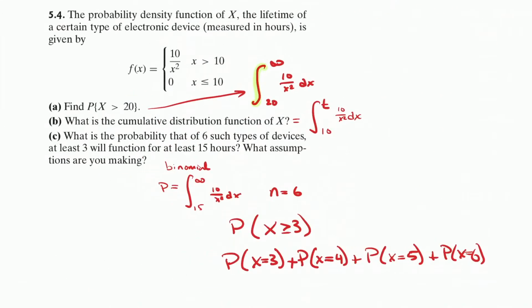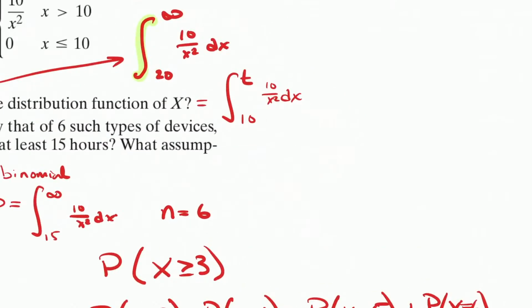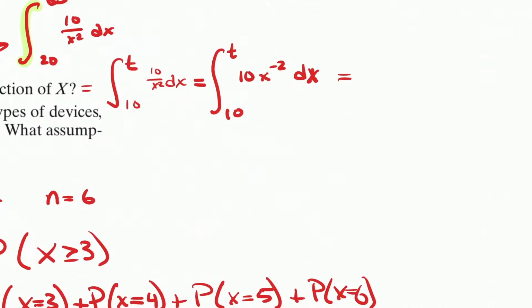Oh, yeah, the antiderivative of that. So you just have to remember that, here, I'll just write it here. This is 10x to the negative 2. And then you can just add 1 to the power. So this will be negative 10x to the negative 1.